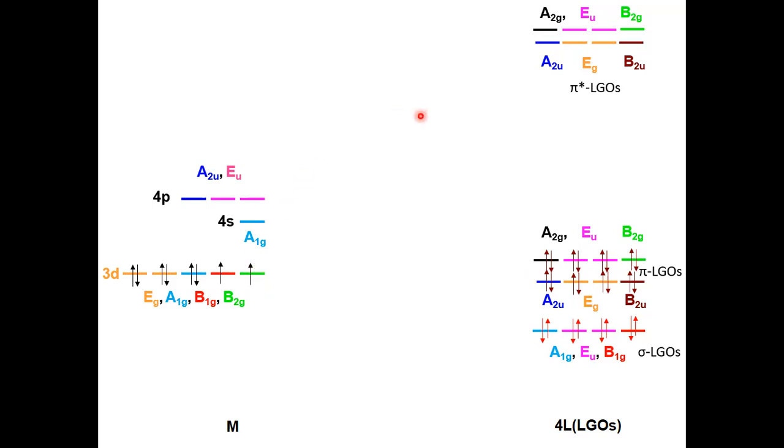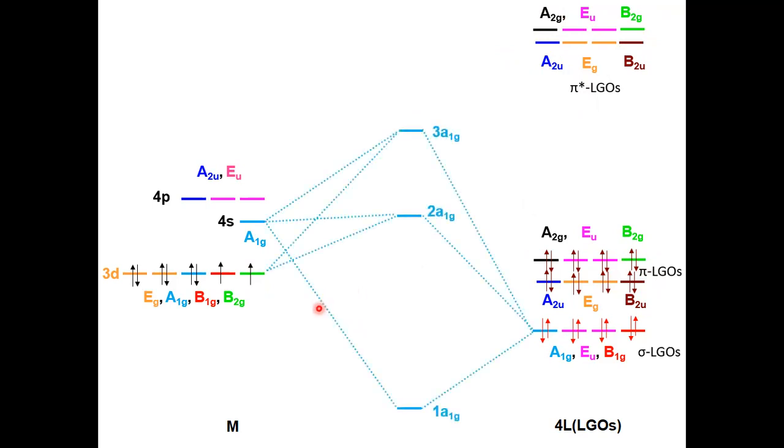Therefore, in good approximation, we can consider the pi star orbitals as non-bonding, and interactions will be primarily between the bonding pi ligand group orbitals and the metal orbitals. So let us go through the symmetry types step by step and construct the molecular orbitals of these different symmetry types. We can start with the A1G symmetry type.